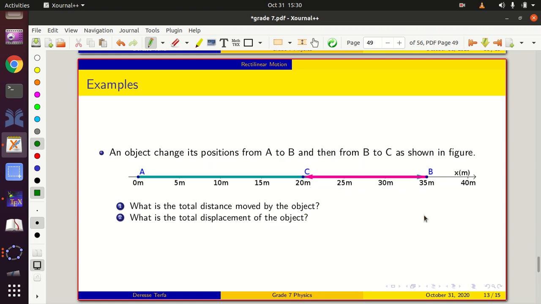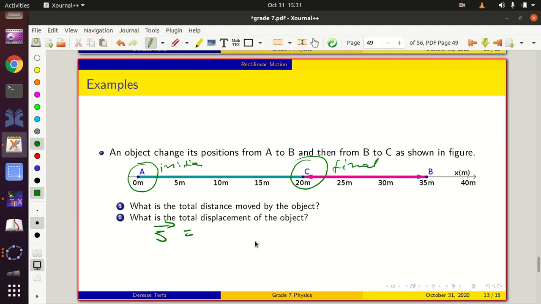Okay, let us come to the next question. What is the total displacement of the object? Remember, we said that displacement is only dependent on the initial position and final position. This A is the initial position, and this is the final position.